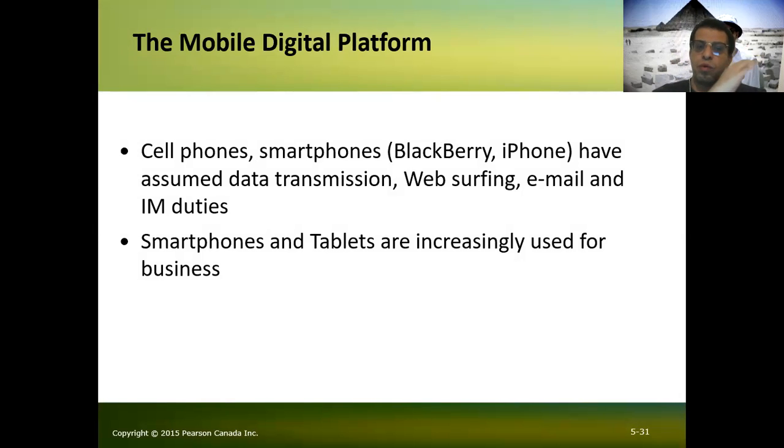You have heard of the mobile digital platform, like a cell phone, smartphone, BlackBerry, iPhone, that have assumed data transmitting, web serving, emails, and IM duties. Smartphones and tablets are increasingly used for business. The challenge part of it is that there is programming and there is a frame for the programming.